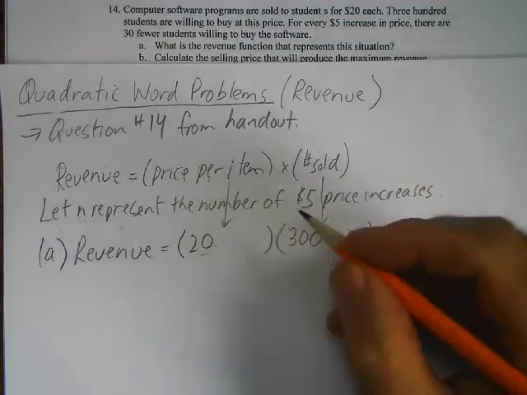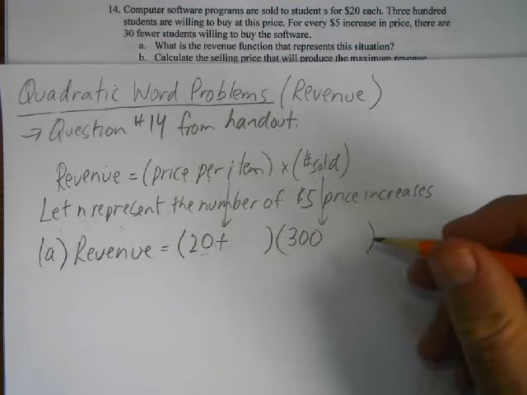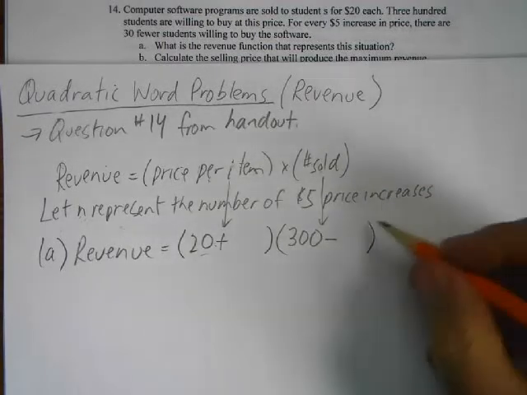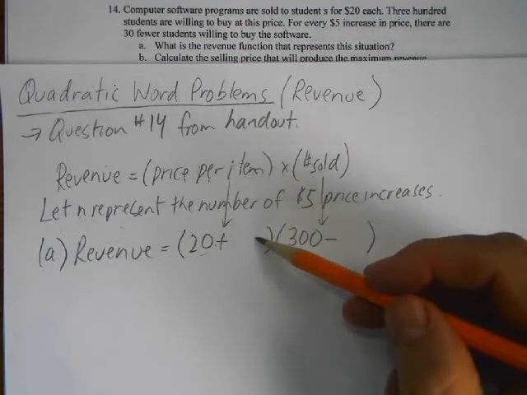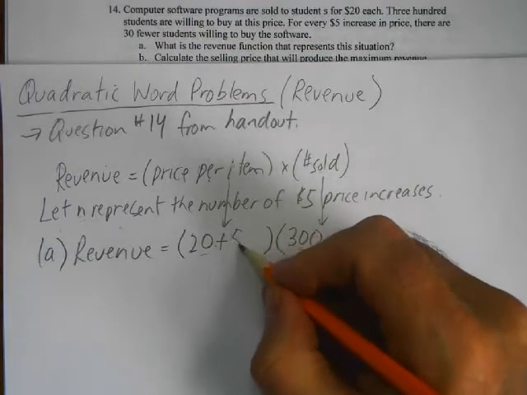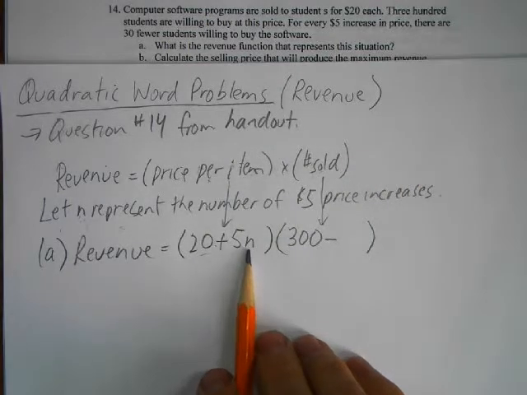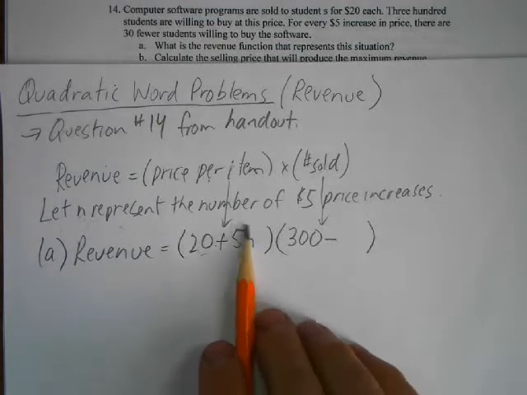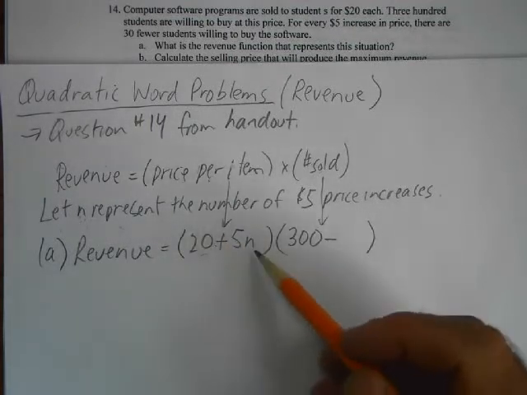So the price is going to be increasing every time, but the number sold will be decreasing, and it's going to be a multiple of n each time. Every time we increase the price, it's $5 times the number of increases. So for example, if n was 1, the new price would be $25. If n was 12, this would be 60, the new price would be 80, and so on. So that's the price per item.